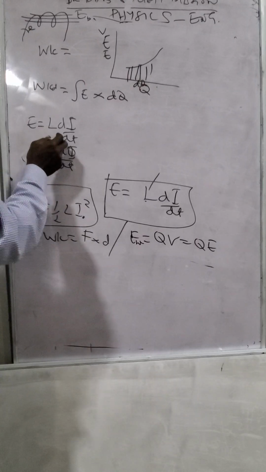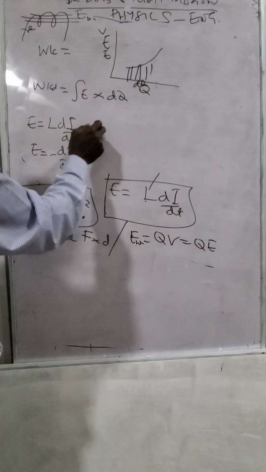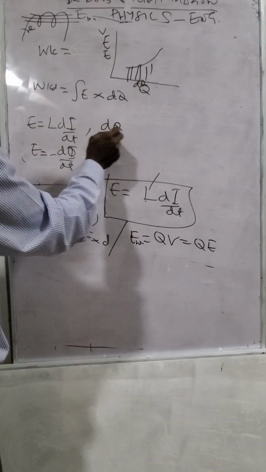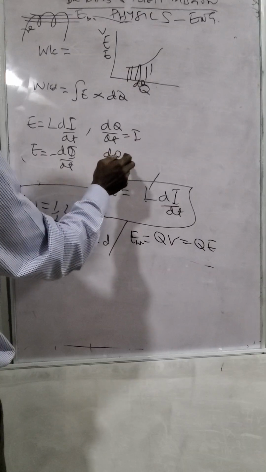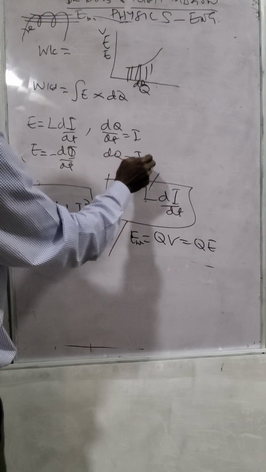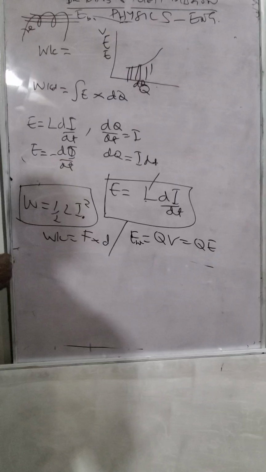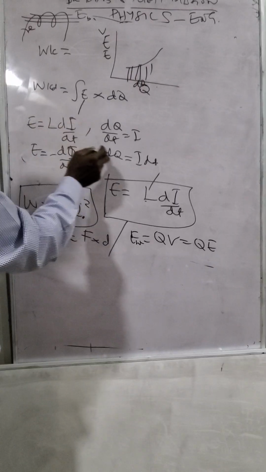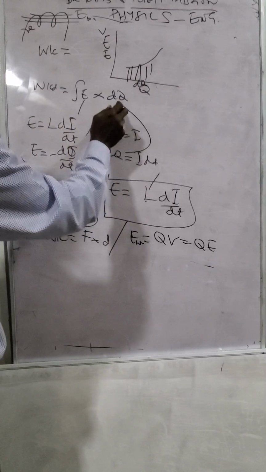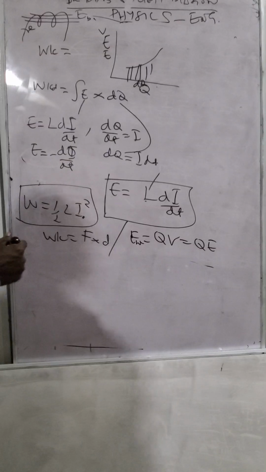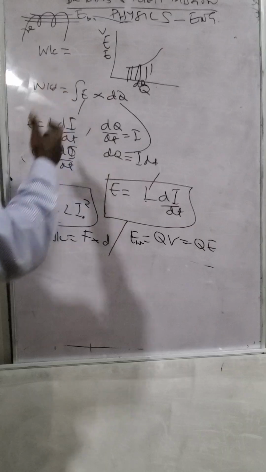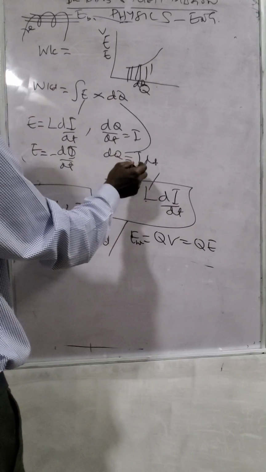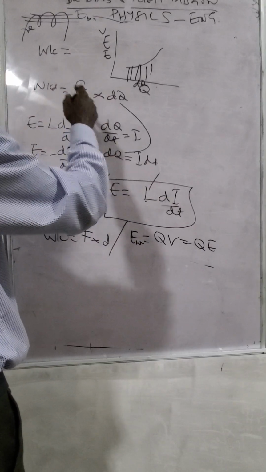If we substitute, we also know that Q over T is equal to I, which implies Q is equal to I dt. So we substitute this for that, and this for this, so that we want to get the current. If you know an equation related to the current, then we can work things out.